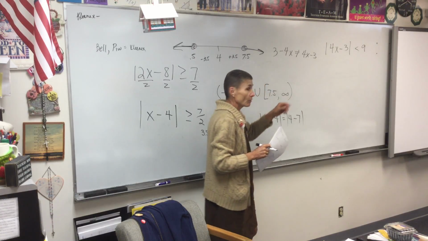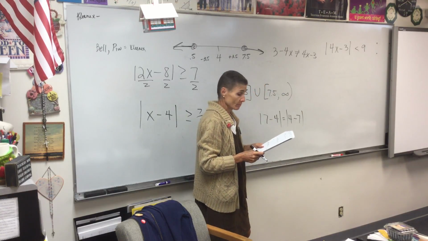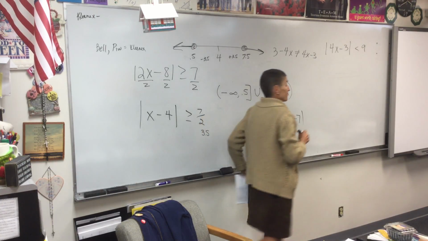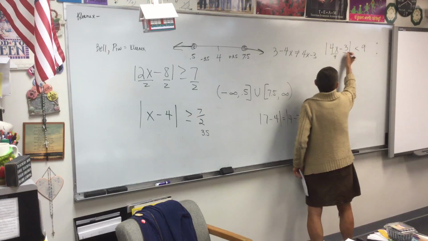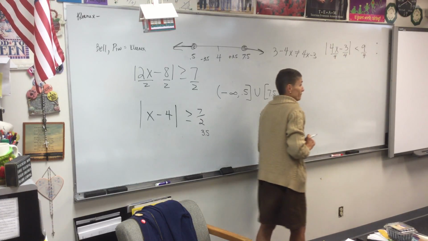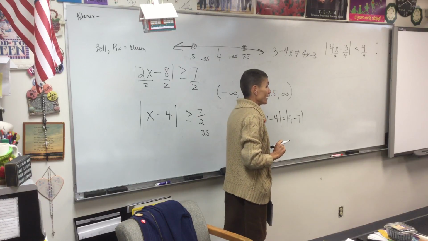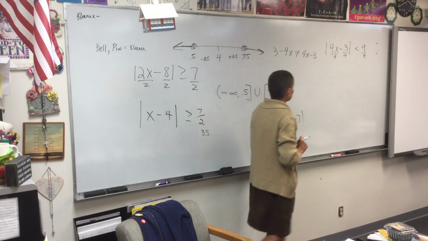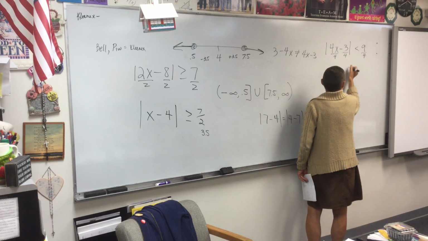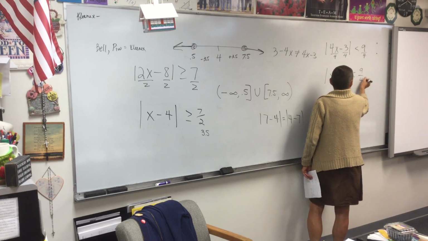So I don't like that order, I just turn it around. Now what? There's still something wrong with it though. I have to divide everything by 4. Remember, I can't deal with a number in front. So I'm going to divide everything by 4. So that leaves me with x minus 3/4 less than 9/4.